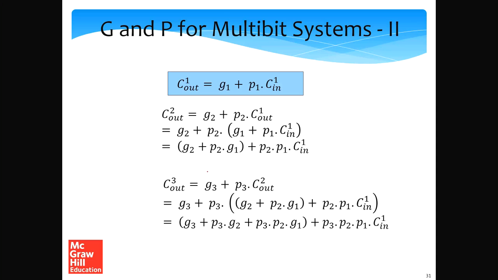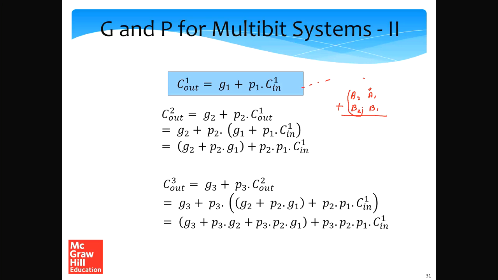Now let's consider the second bit pair, so basically let's consider the two bits A2 A1 and B2 B1. So for the first bit pair, this is the equation, right?